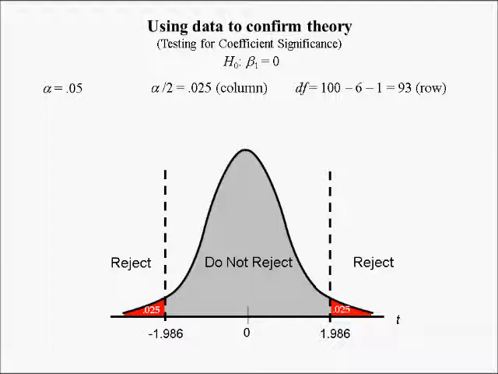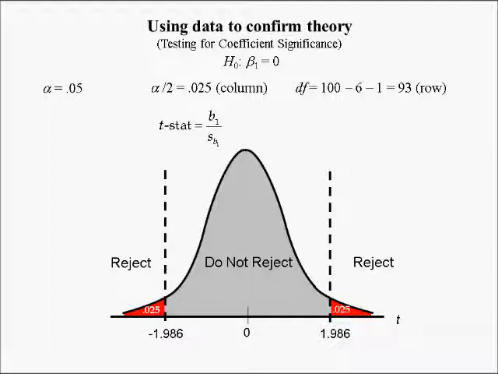The probability of t being greater than 1.986 or less than negative 1.986 is 0.05, that is, 0.025 plus 0.025. If the t-stat is in this gray region, inside negative 1.986 and 1.986, we're going to conclude that the null hypothesis is true.